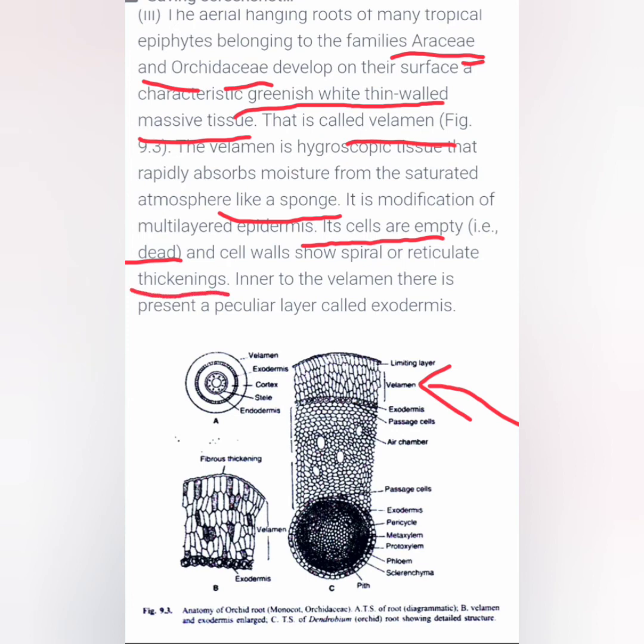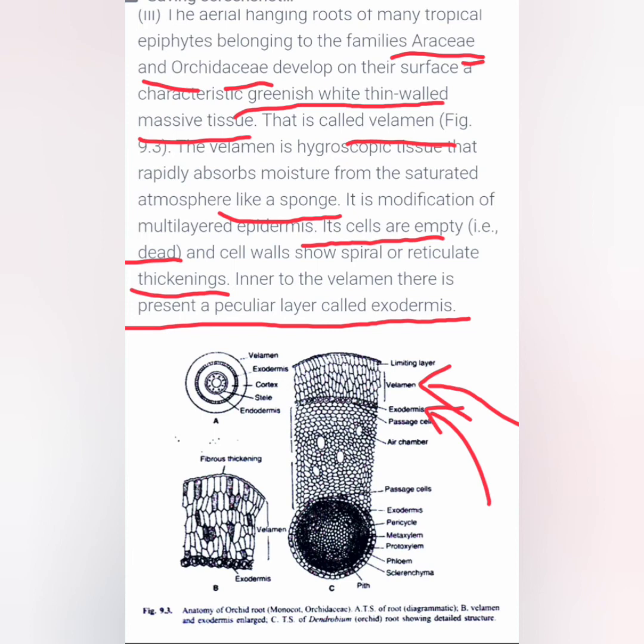So there are reticulate thickenings on their walls, and just inner to the velamen there is a peculiar layer called the exodermis. You can see in this figure, just below the velamen there is another layer, that is the exodermis.